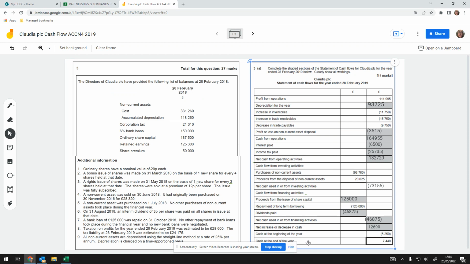And we can prove that because we've got a figure given to us for cash at the beginning of the year, which is 5,250. It was an overdraft, that's why it's in brackets. And then cash at the end of the year. These two will be figures that have come straight from the statement of financial position. So the 12,690 minus 5,250 is in fact 7,440, which is the correct figure there. Job done, 14 marks. Thank you very much for watching.